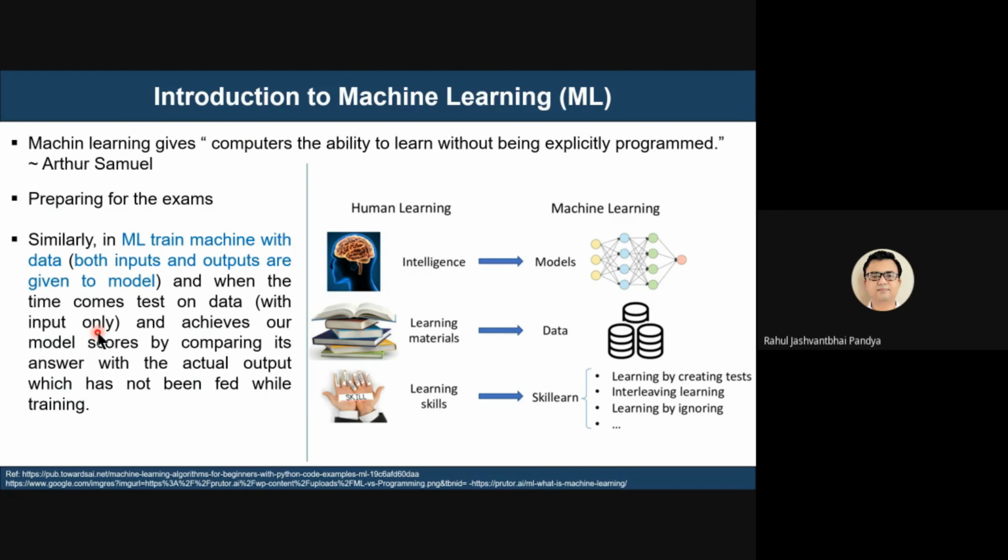But based on your previous training, you will try to extract the answers which you have fed in your mind when preparing for the exams, and then try to produce the outcomes. It will achieve the outcome based on your preparation. That's the general idea of machine learning.